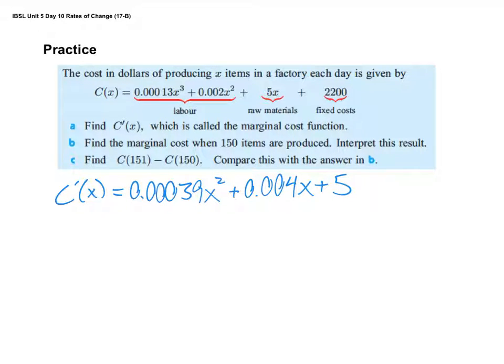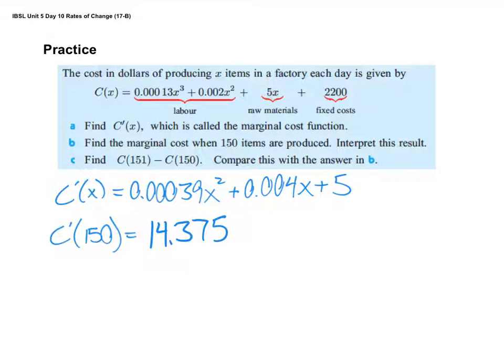Okay. The marginal cost when 150 items are produced is going to be c prime of 150. Okay? So if we punch that into our calculator, we get 14.375.